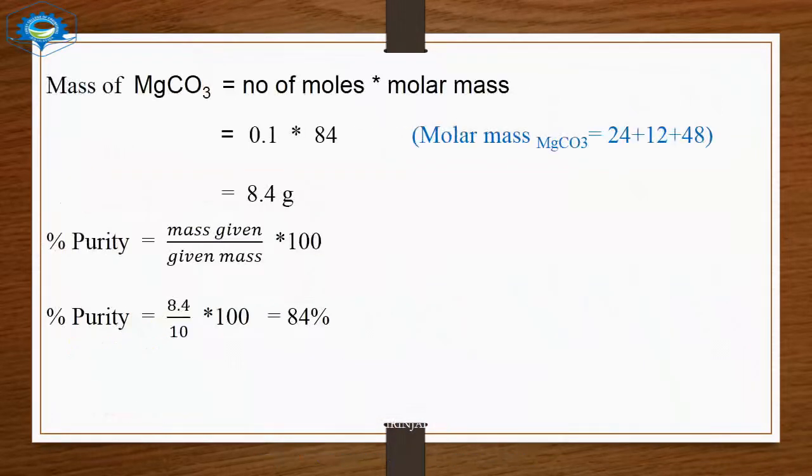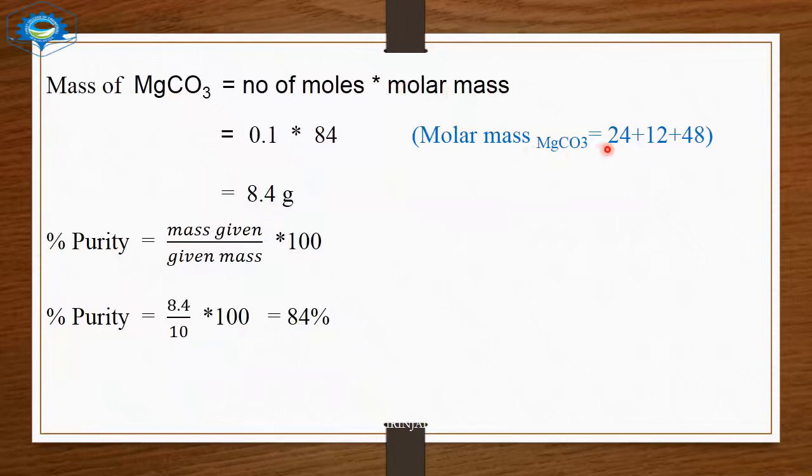So from the number of moles of magnesium carbonate, find the mass of magnesium carbonate using the same equation. Number of moles is mass given divided by molar mass, so mass equals number of moles into molar mass.